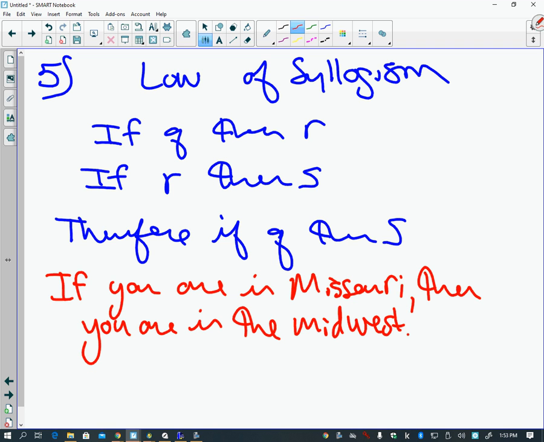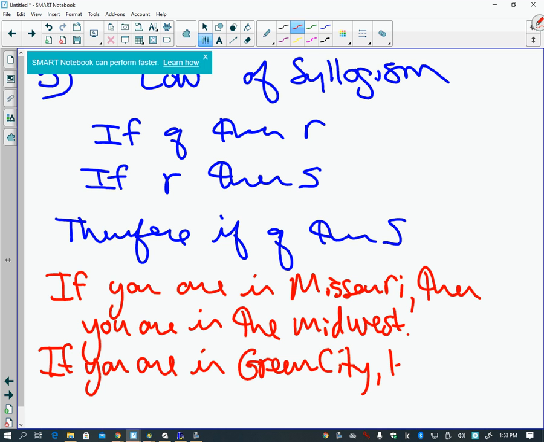Okay. If you are in, oh, what's a town that's only in Missouri as far as we know? Green City. If you're in Green City, then you are in Missouri. There might be Green Cities in other states, but we're not going to worry about that, okay?